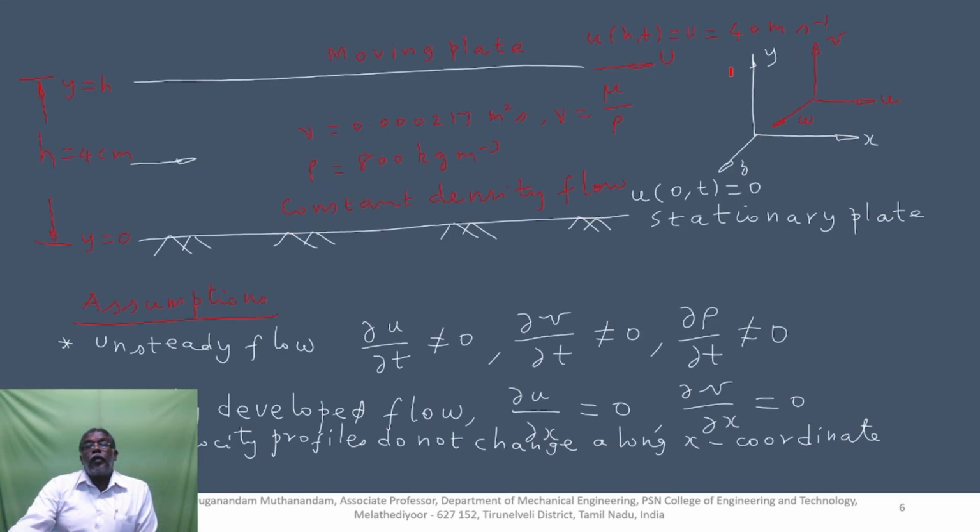The y varies from 0 at the bottom plate to y equal to h at the top plate. So this variation of y is taken along the horizontal direction.